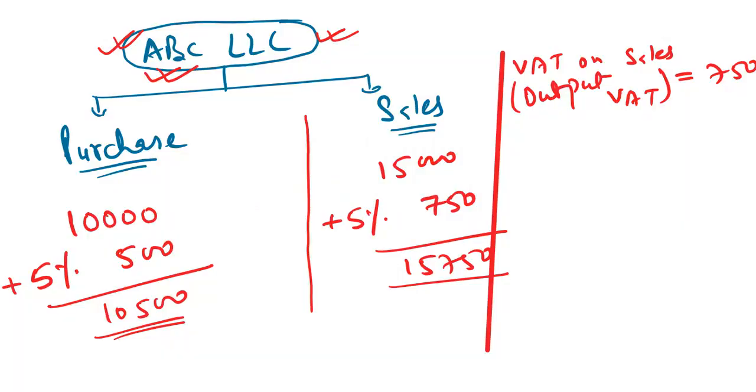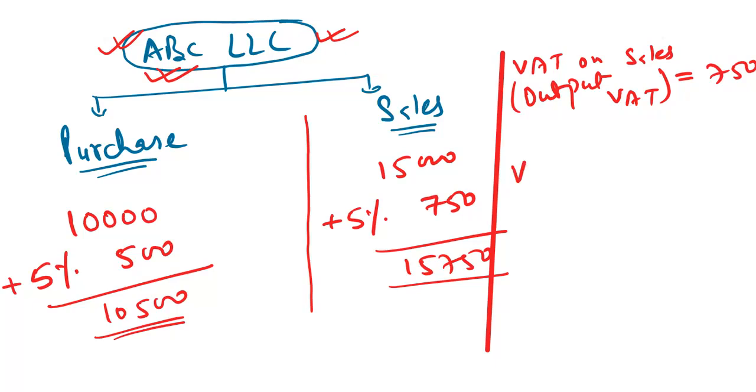That is called output tax, means output VAT. In the same way, when we are purchasing the product, the product is coming in. That is called what? Input VAT. So now I can write over here VAT on sales 750.